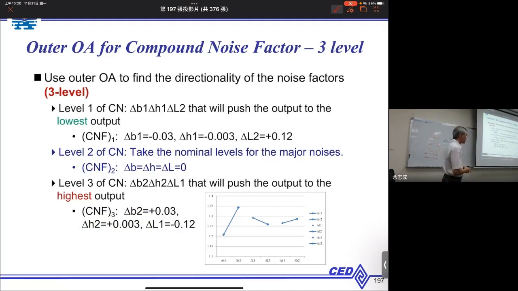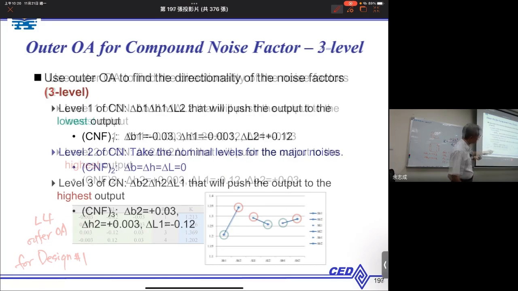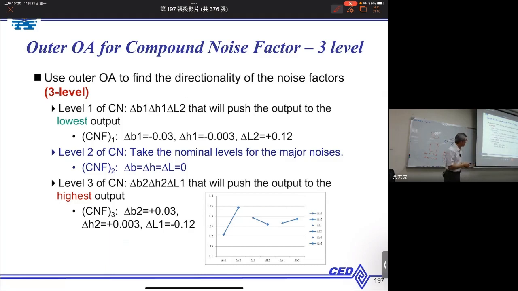If you want to use 3 levels, how do you do it? In this case, the first level is still the same, and the second level moves to the third level. So this third level is the same as the second level. But we add the middle level here, level 2, where we make the compound noise factor work at the middle value.